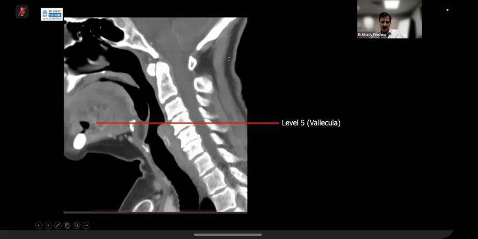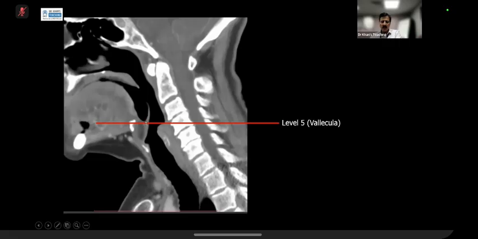Next slice, level 5. Now what has happened? This is the valleculae. There is right and left vallecula. That is the level. So what happens is that the epiglottis here is connected to the hyoid bone. How is it connected? It is connected via a midline structure which is known as the hyoepiglottic ligament.